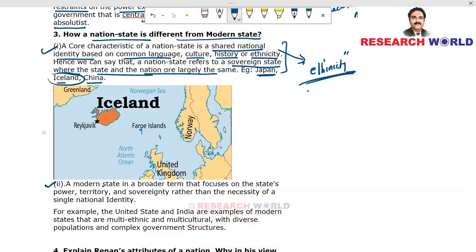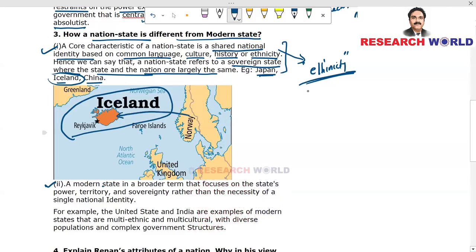Iceland is a country lying somewhere west of Scandinavian countries like Norway, Finland, Sweden, etc. It's an island country, and the people here are mostly descendants from the Scandinavian countries, and like the Chinese and Japanese, they have the same culture, same history, and the same ethnicity. So I've given three examples. At least you can remember two of them comfortably.